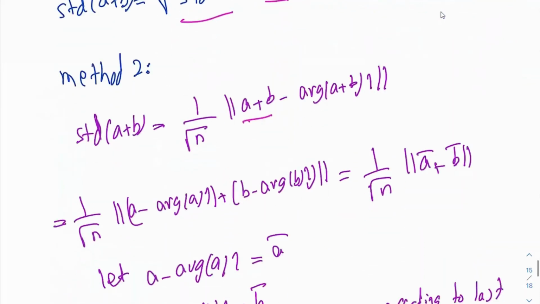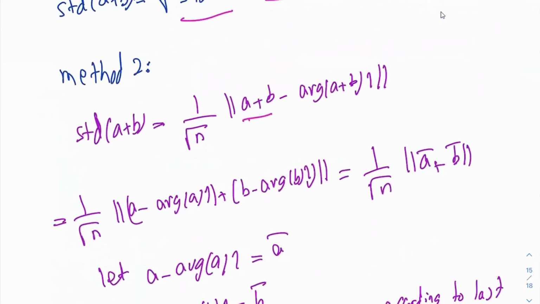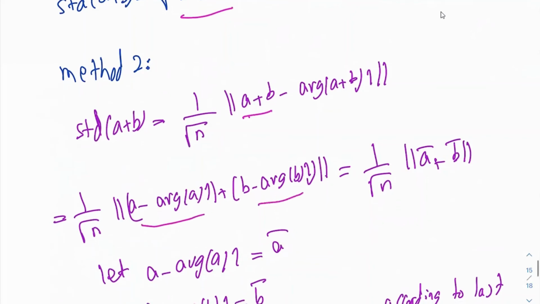Good. The average of A plus B, we have all seen, is equal to the average of A plus the average of B, right? So I'm going to put the average of A times the one vector here, and the average of B times the one vector here.